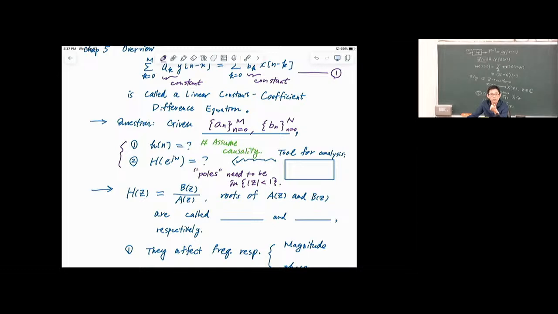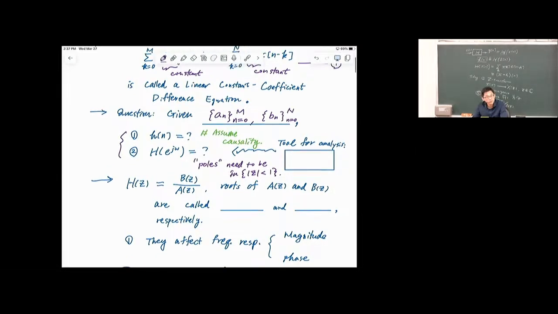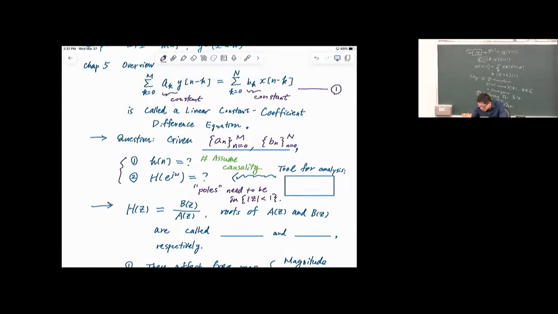How do we calculate the impulse response? And after we calculate, or before we even calculate the impulse response, can we predict whether or not the impulse response has a Fourier transform? The tool for analysis turns out to be the Z transform. So we'll be using the Z transform a lot.